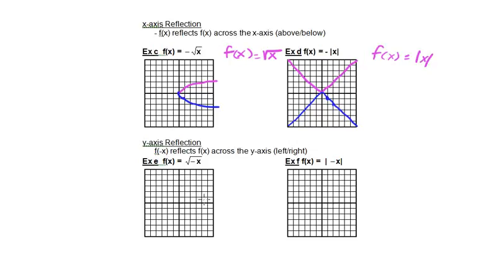This time we are reflecting from left to right rather than from top to bottom. So we're going to take a look at this function, square root of negative x. And this time, observe that the negative sign is on the inside of the radical, which means that it's on the inside of the function, close to the x. And that is in contrast to the minus sign, which is on the outside of the function for example C.